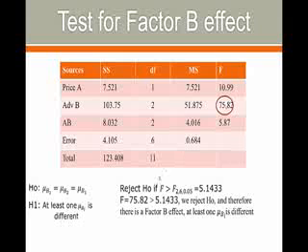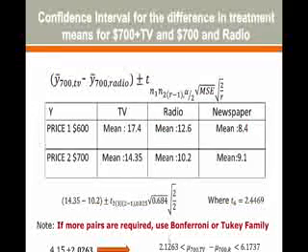This F calculated in the table is greater than 5.1433. Therefore, we reject H0. There is a factor B effect. At least one Bi is different. Always, we read the degrees of freedom from the table. Once we've established this, we don't need to go back to the formula.